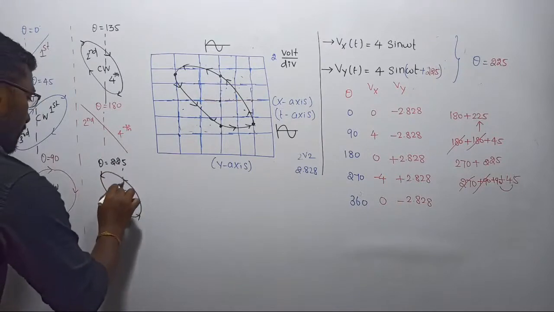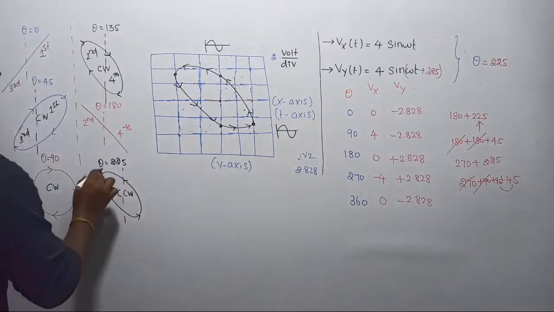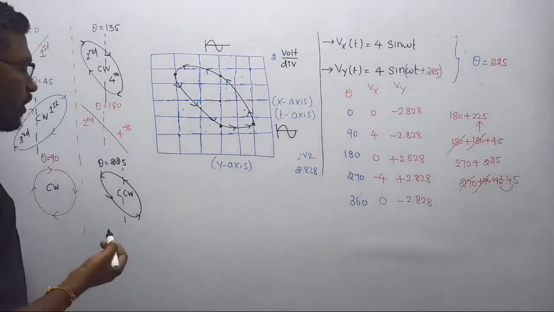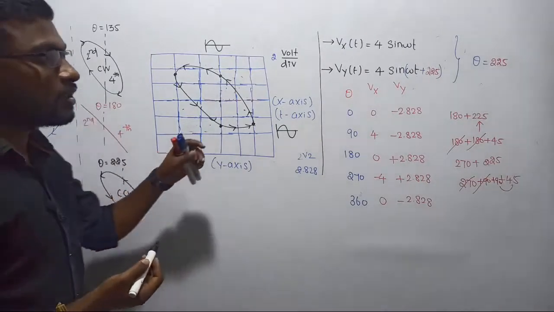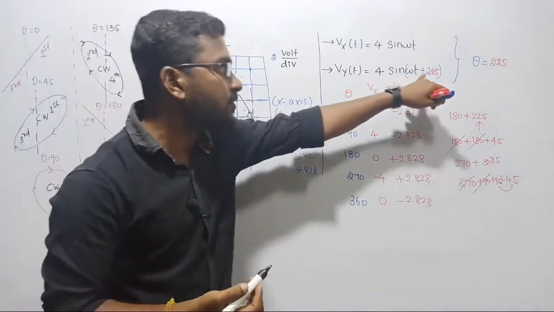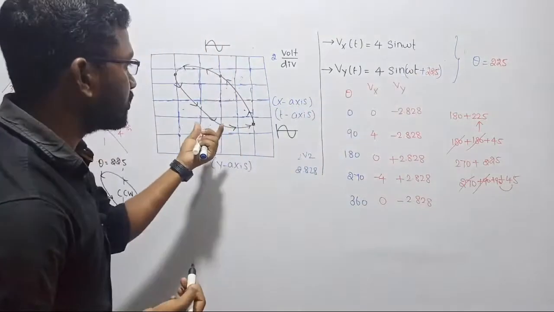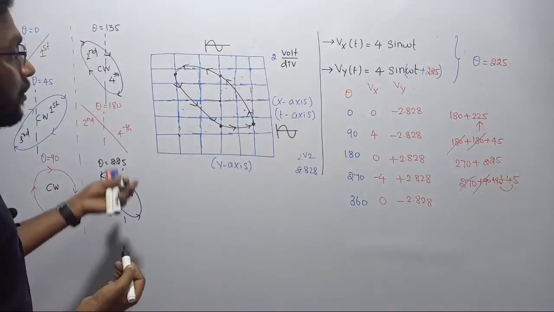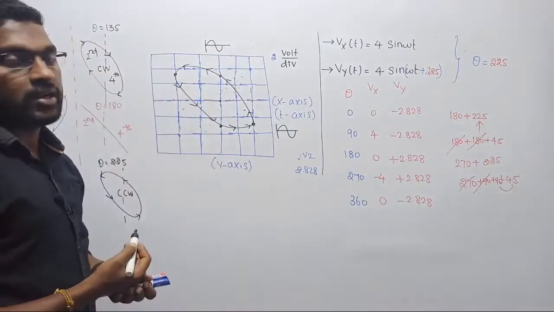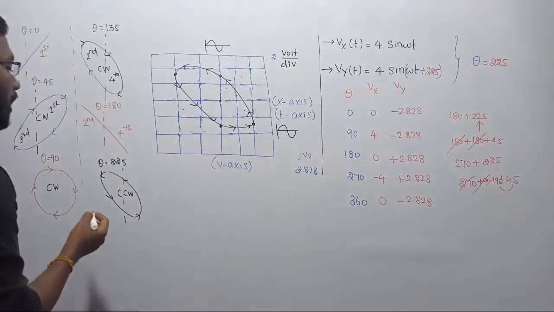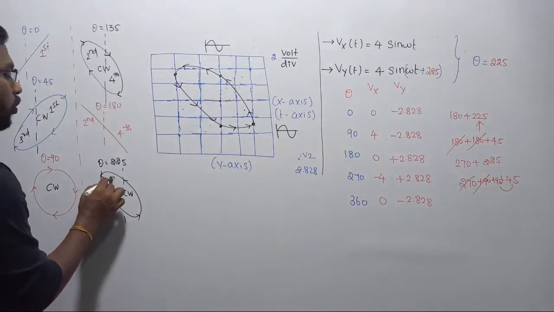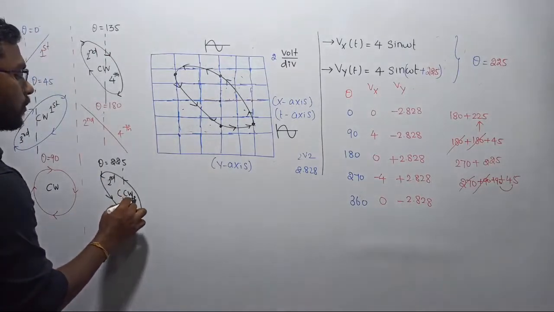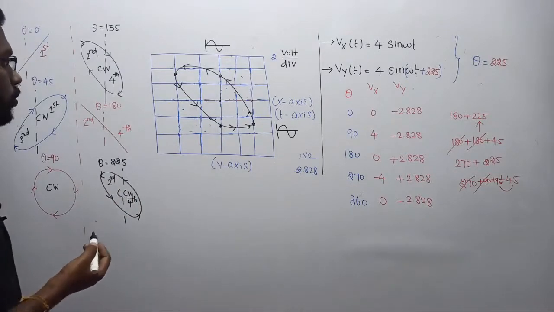And if you observe, the major portion at theta equal to 225, that is, if you pass two sinusoidal signals with a phase angle displacement of 225 on the CRO screen, you can observe an ellipse displayed, rotated in the counterclockwise direction, and the major portion of the ellipse lies in the second and fourth quadrant. Clear? That is at theta equal to 225.